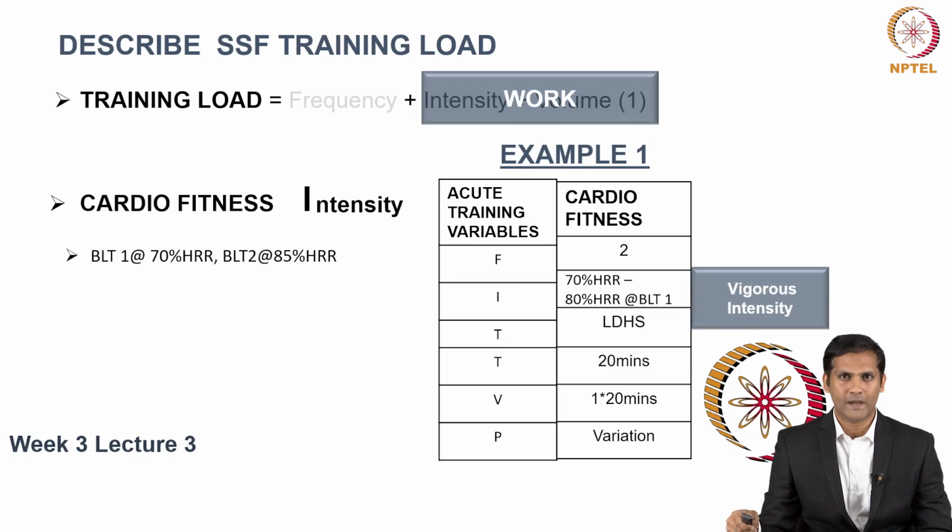So compared to improving cardio fitness for a non-athlete, for an athlete, apart from knowing that you are doing exercise at vigorous level, you also have to use the parameter of blood lactate threshold and train at vigorous intensity. Such training is also called tempo training or threshold training. So this is how improving cardio fitness for sport specific fitness for an athlete differs from that of a non-athlete.